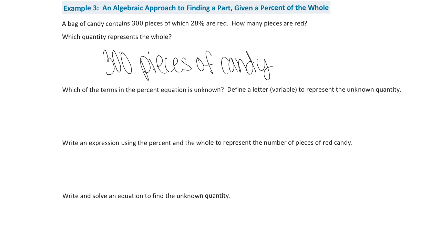Our next question. Which of the terms in the percent equation is unknown? Define a letter, which is our variable, to represent the unknown quantity. Here, we know our whole and we know our percent. So what we don't know is our part.